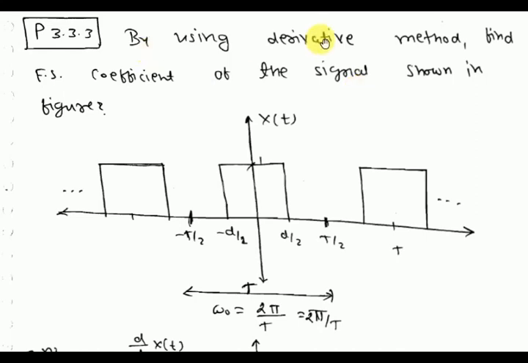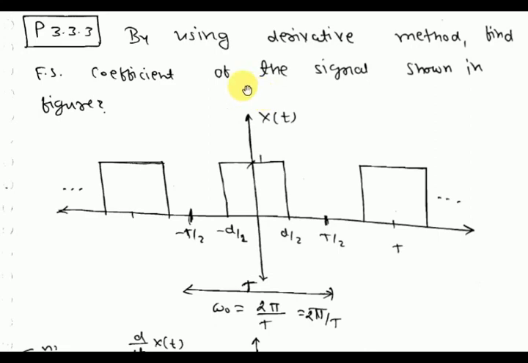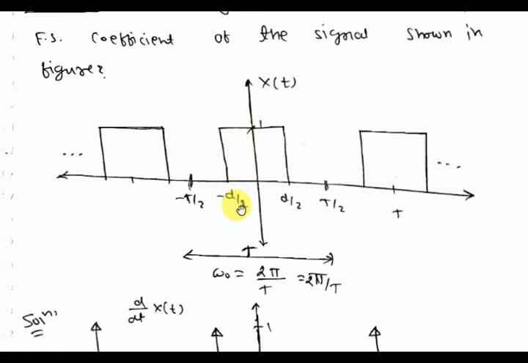Okay, by using the derivative method, find the Fourier series coefficient of the signal shown in the figure. You should practice with these properties. How will we find it? It is very easy.